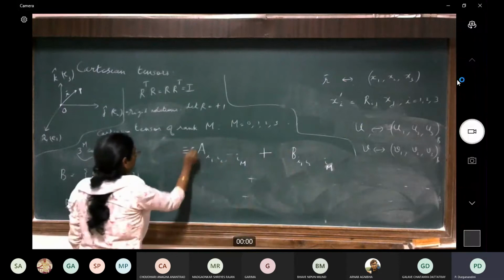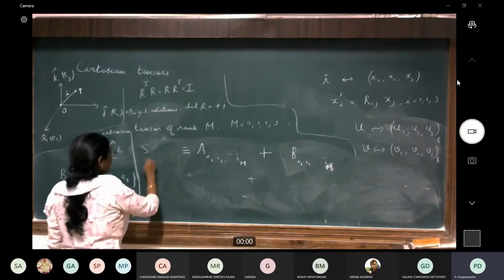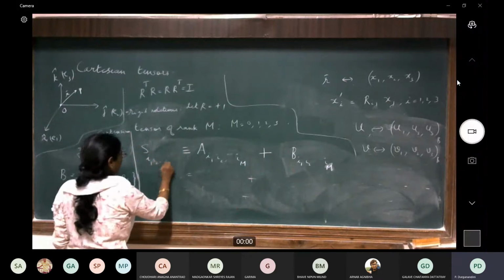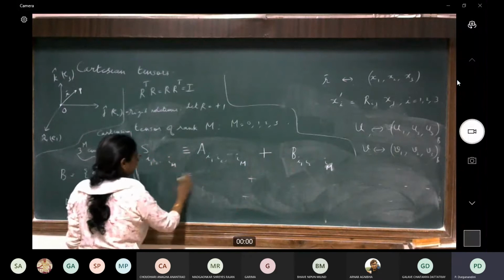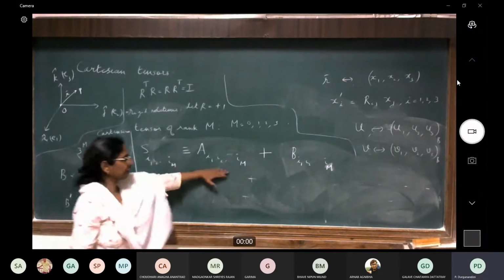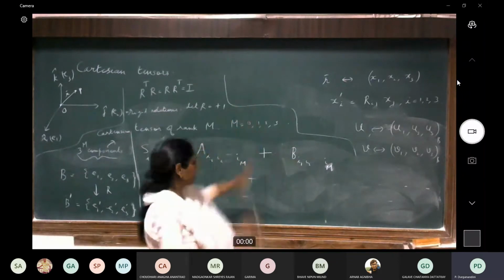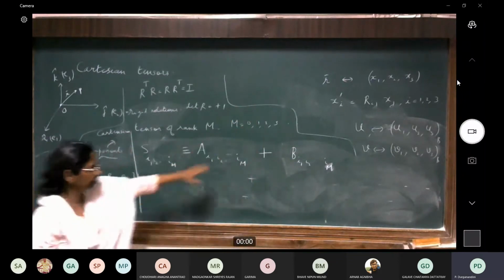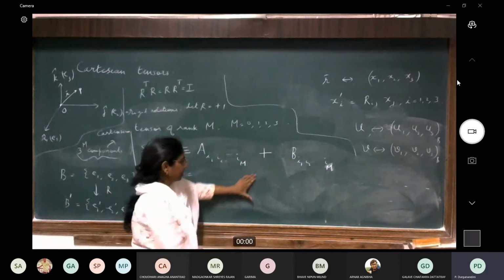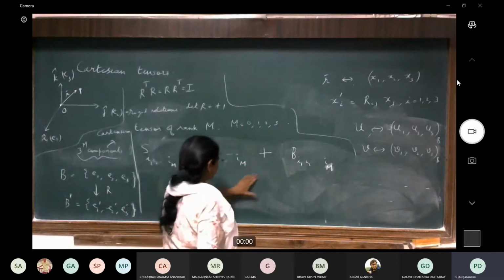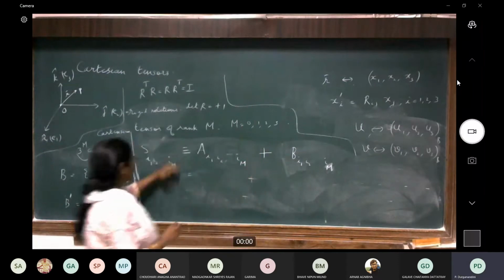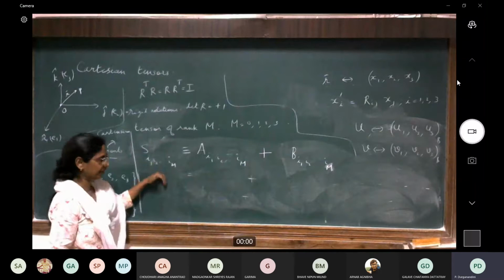Let me call this S with indices i1, i2, up to im. A has 3 to the power of m components, B also has 3 to the power of m components, and I'm adding those components in this specific way. This is simply our usual algebraic addition because each of these components is a real number. So again, this object has 3 to the power of m components.